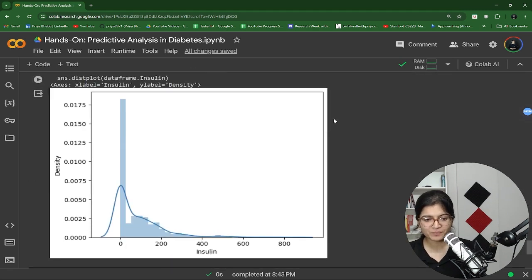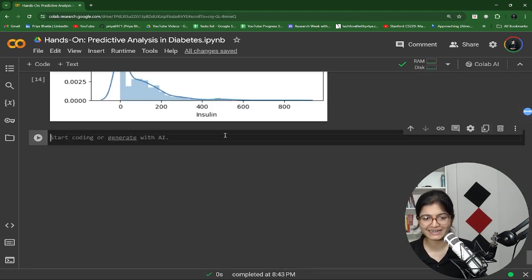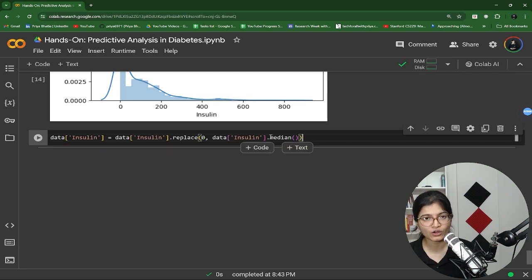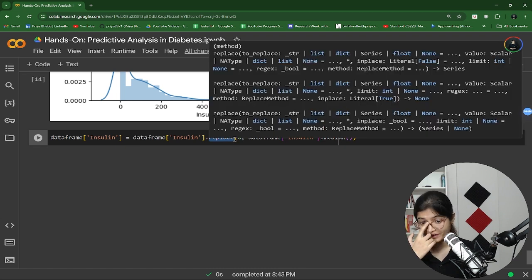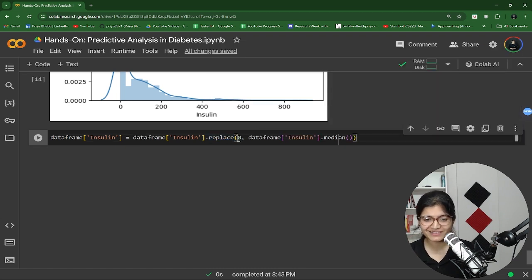So the next part is how we can do data imputation with respect to mean or median. For example, we will be having insulin, right? So we will be having this data frame. Now I will take this data frame of insulin, and what I'm saying is replace. In Python, we have this replace function. So what we are saying is replace this 0 with the calculation of the data frame of insulin median value.